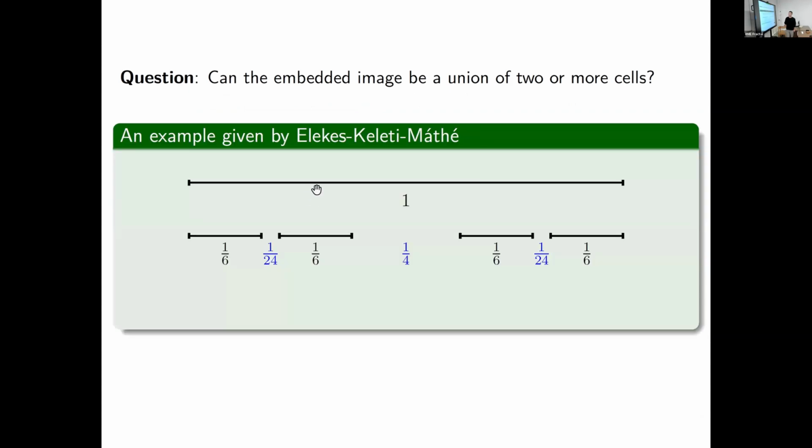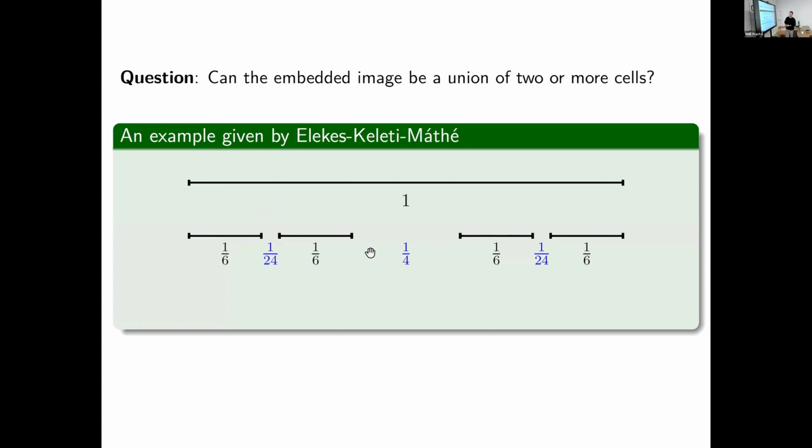This is a very nice example given by Martin Elekes, Tamás Keleti, and András Máthé. The system consists of 4 maps. We use the unit interval to do the iteration, and here the number stands for the length of that interval. So we have 4 maps here. This is the first one with contraction ratio 1/6, and this is the second one, this is the third one, and this is the last one.